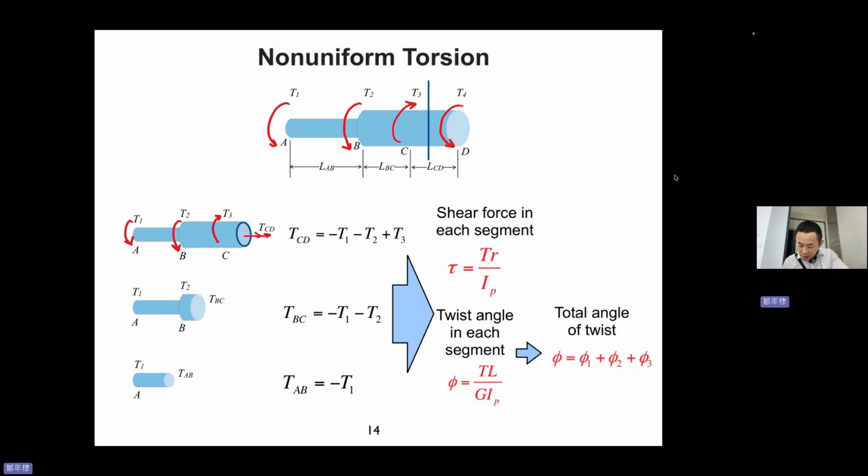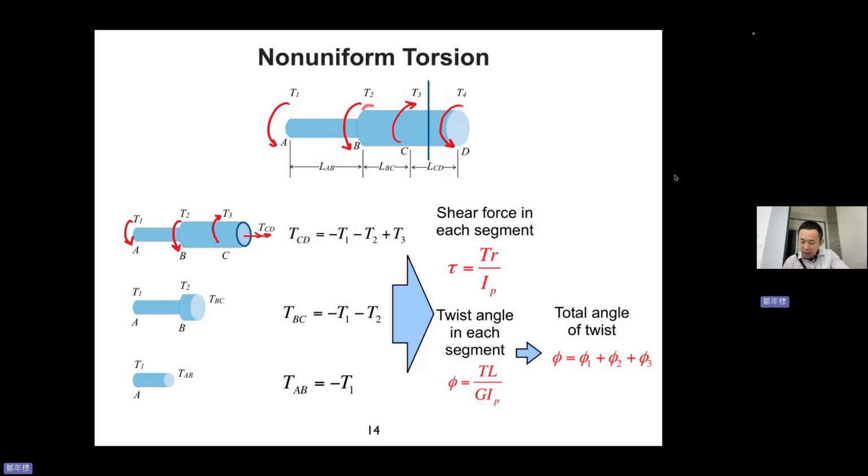You can see that T3 is going to the left hand side, right? And T2, using your right hand, is in the opposite direction. So T3 is the one with the positive opposite direction. So TCD equals minus T1 minus T2 plus T3. Okay, so you notice that you just need to use the concept from chapter 2, and you can have TCD. It's the torsion within this section.